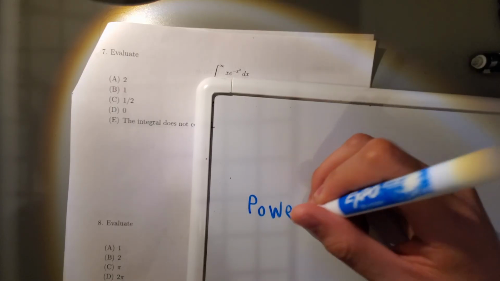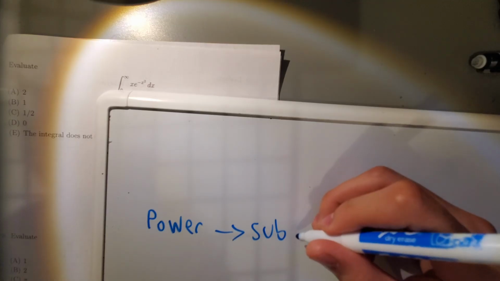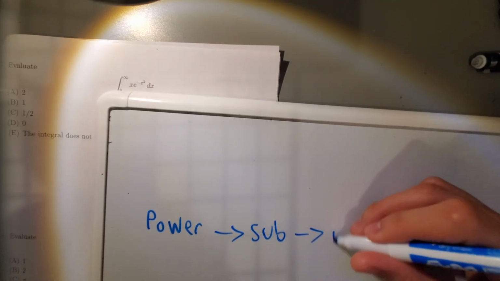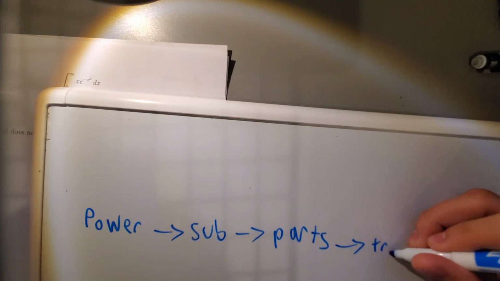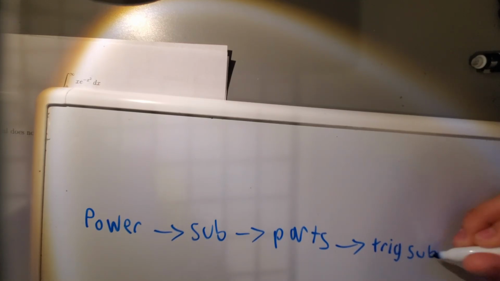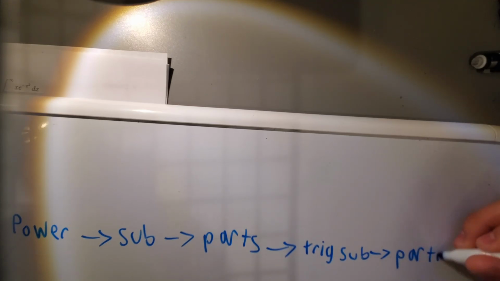And then if you can't get it from there, then use some sort of substitution. And then from there, use integration by parts. And then use a trig sub. And then a partial fraction decomposition or something.